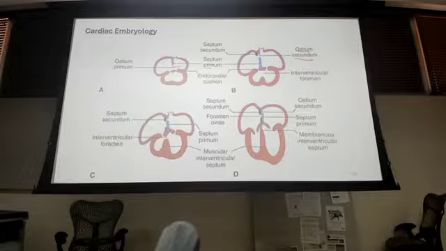So then this septum secundum, second wall, starts to develop, and it overlaps to the point where now you have this one-way little flapper valve that will only open when the pressure on the right atria is higher than it is on the left atria, which is what happens when the baby is in utero.